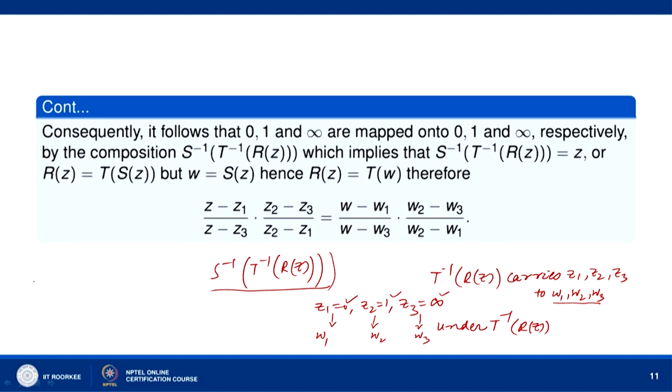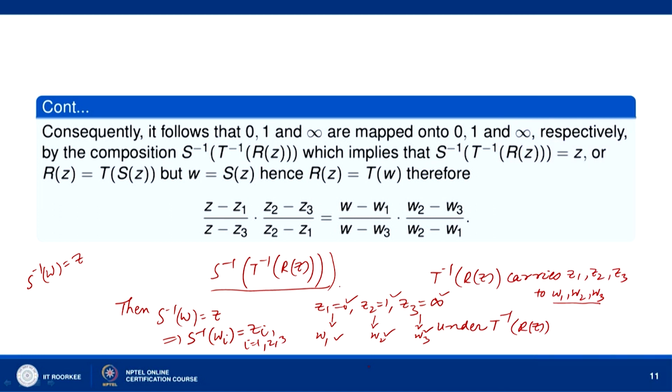Then S inverse W equal to Z implies that these W1, W2, W3 go to Z1, Z2, Z3, that is 0, 1, infinity. So, S inverse W equal to Z implies that W1, W2, W3 go to Z1, Z2, Z3. S inverse Wi goes to Zi for i equal to 1, 2, 3.